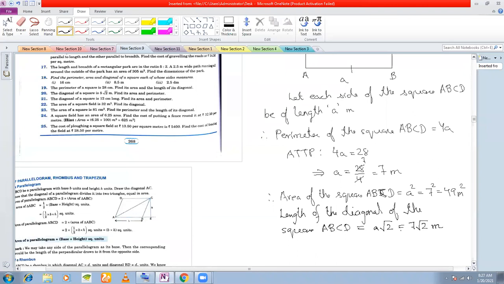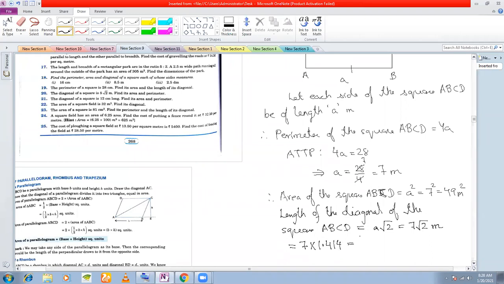You can leave it at 7 root 2, or you can find out the value of root 2. In fact, by the time you reach class 9, you will know that you will have to memorize the value of root 2. In fact, what we do is we memorize the value of root 2 and root 3. Value of root 2 is 1.414.